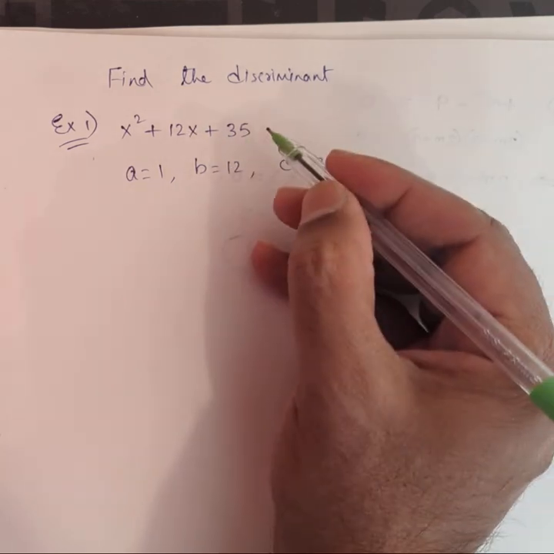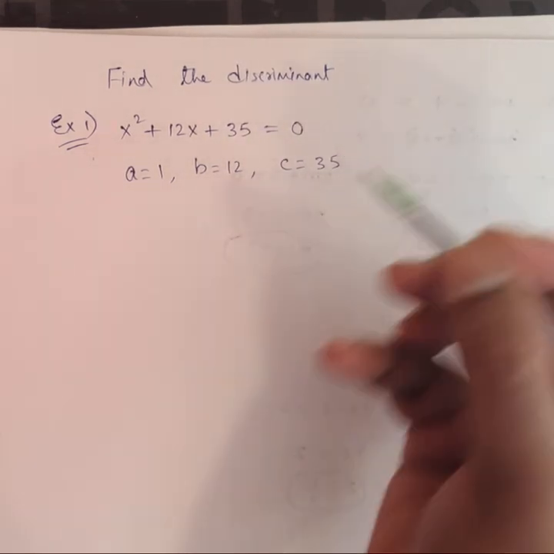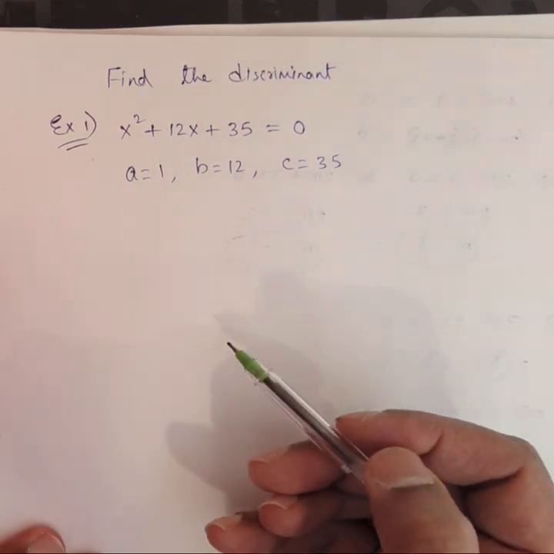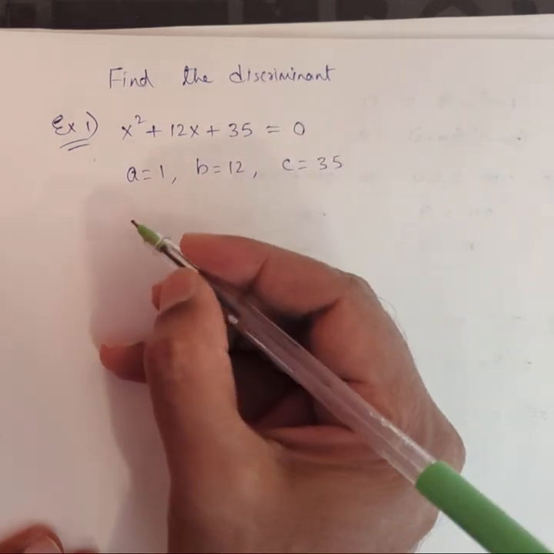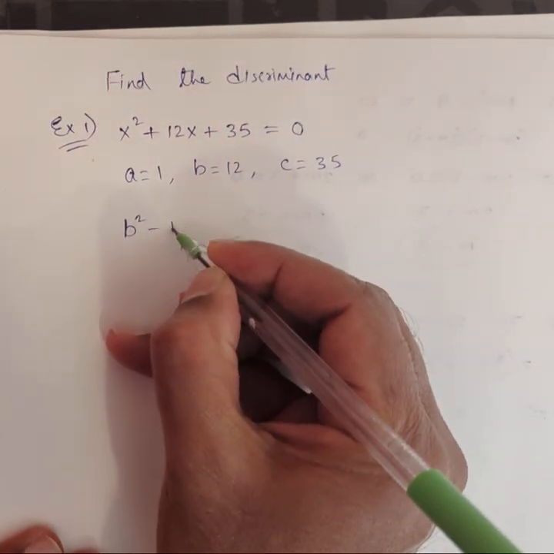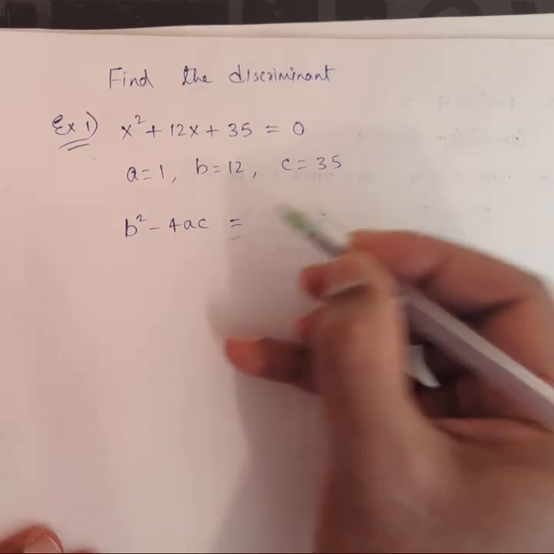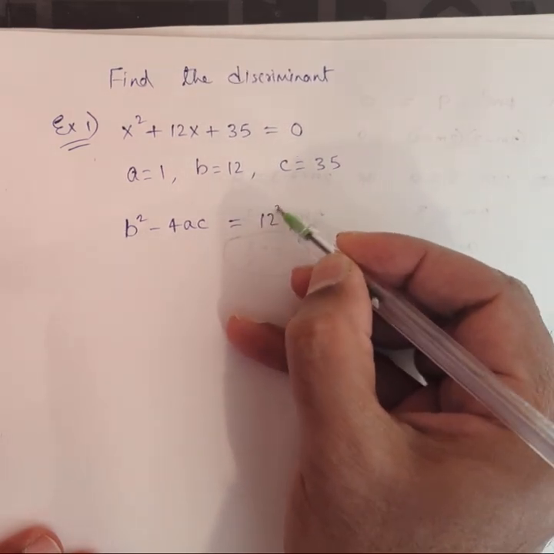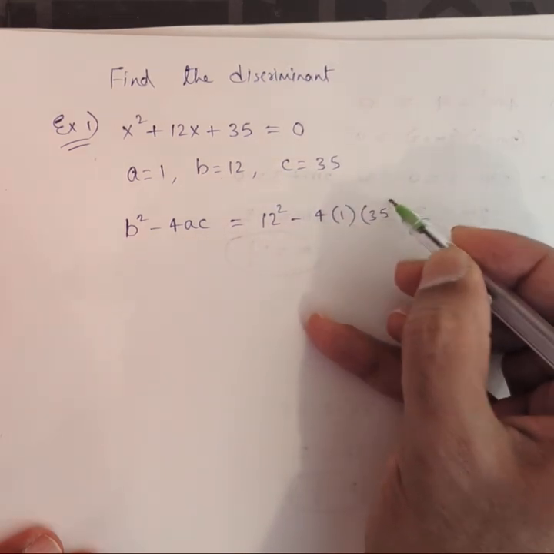Now notice, you may be given a quadratic expression or a quadratic equation. Now you don't have to find the solutions, you only have to find the discriminant, which means you're doing b squared minus 4ac, only a small part of the quadratic formula. This is 12 squared minus 4 times 1 times 35.